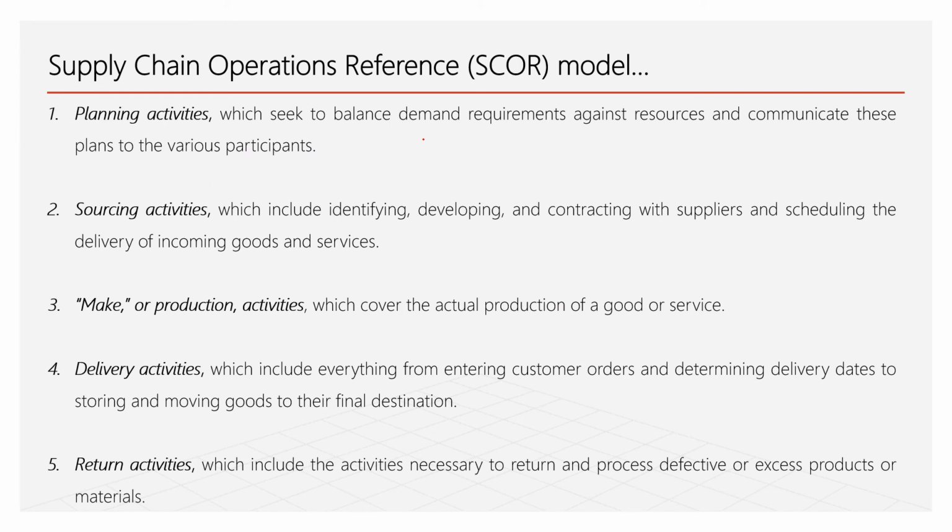The planning activity seeks to balance the demand requirement from the customer, and based on the demand we have to check whether we have enough resources, meaning enough capacity and enough availability of labor. Then we have to communicate these plans to the various participants.